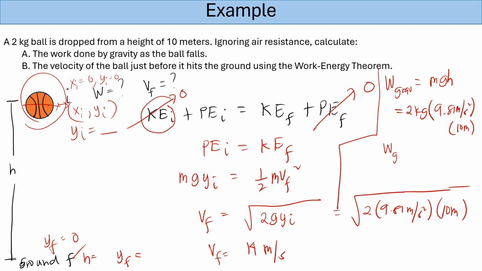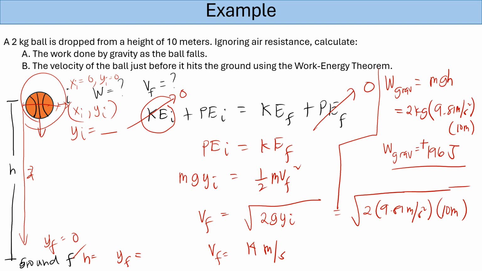So the work done by gravity will be 196 joules. This will be positive because the direction of our force is going with the direction of our displacement. When your force is in the direction of the displacement, the work will be positive.